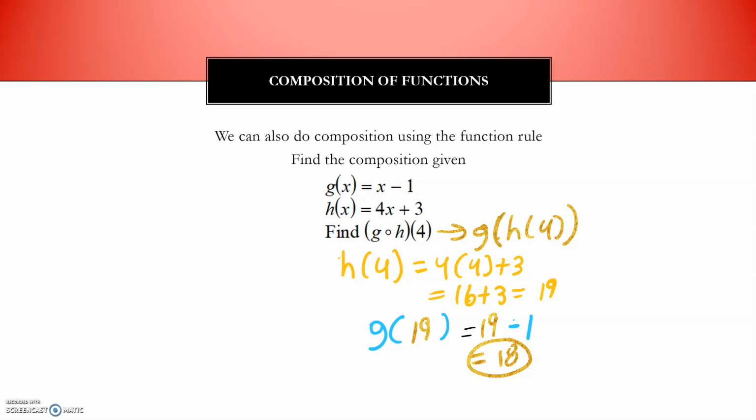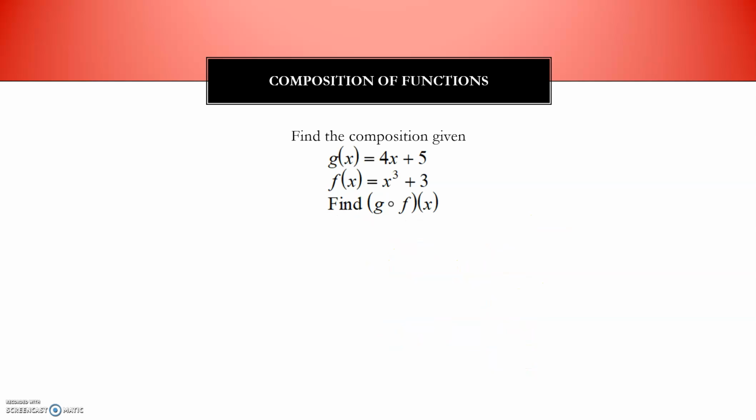The last thing that we have is what happens if we have a variable inside our inside function, g of f of x. I'm going to use the other notation just to make this a little bit clearer: g of h of x.